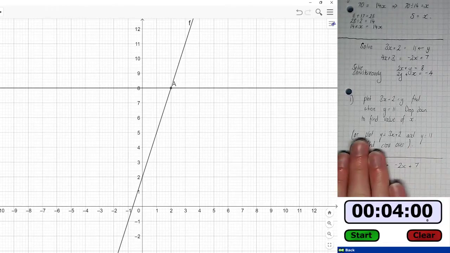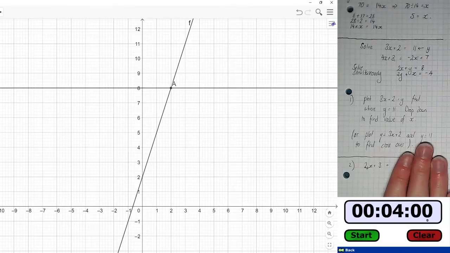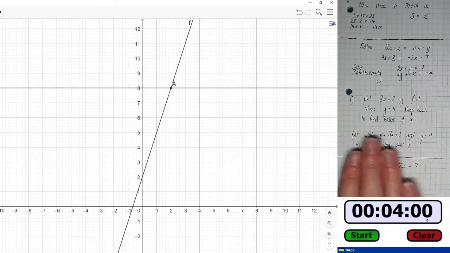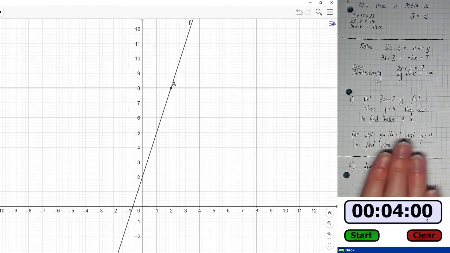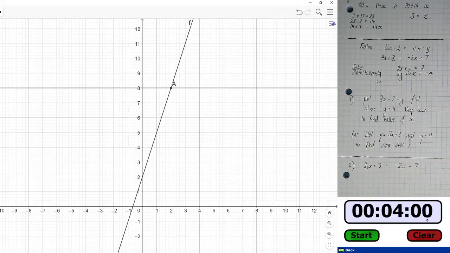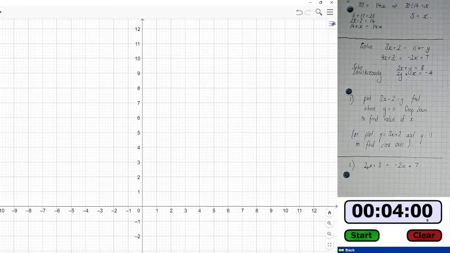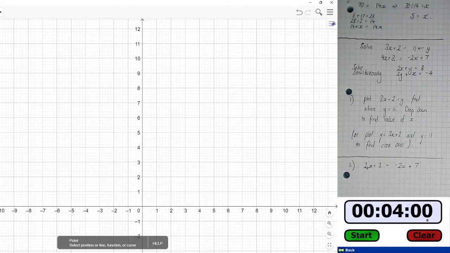Here we've got two sides of the equal sign, both with their own x plus something, like an equation of a straight line, just missing the y's. So we've got two different equations for us to graph, which means that we'll have a point where everything crosses over. Let's see how this works.